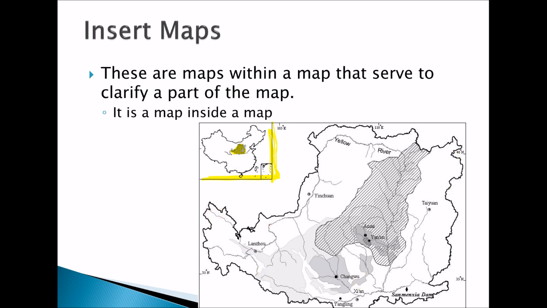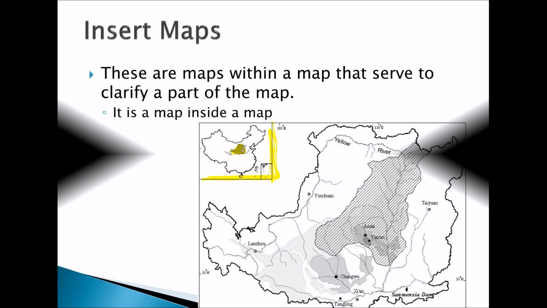So we now know that if we looked at a larger map of China, one that shows the entire country, and we want to know what's going on in that section, we can use this map. So insert maps are very particular, and they help us to understand size and scale to a greater extent than simply looking at this other map.